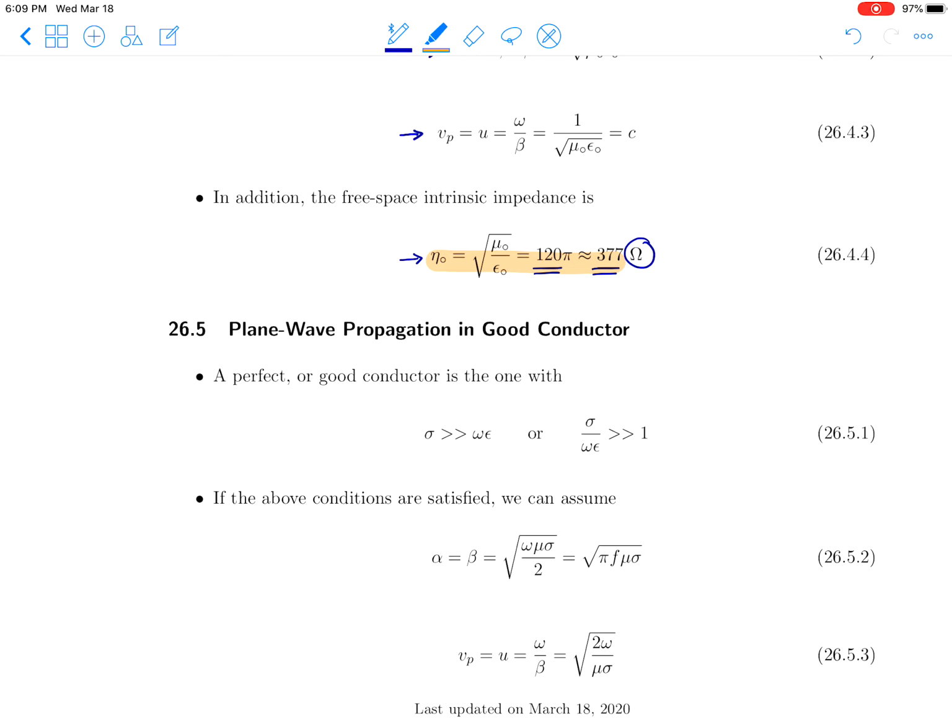The last case that we want to consider is a good conductor. A conductor is good or perfect if the following condition is satisfied: the conductivity is much greater than the product of the angular frequency with the permittivity of the medium.